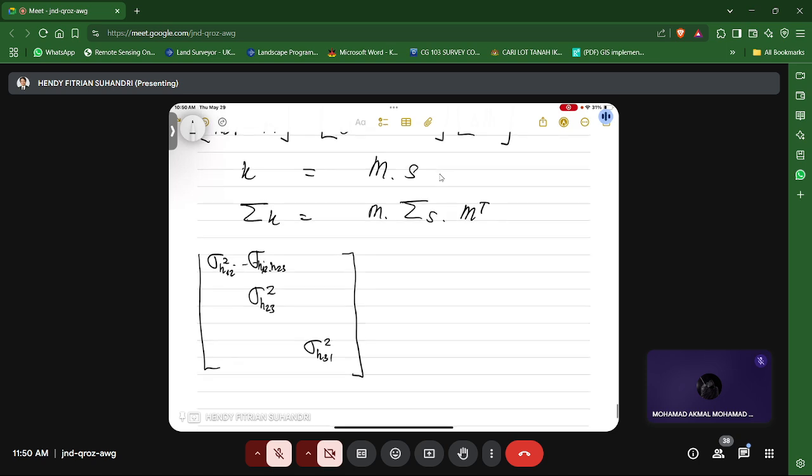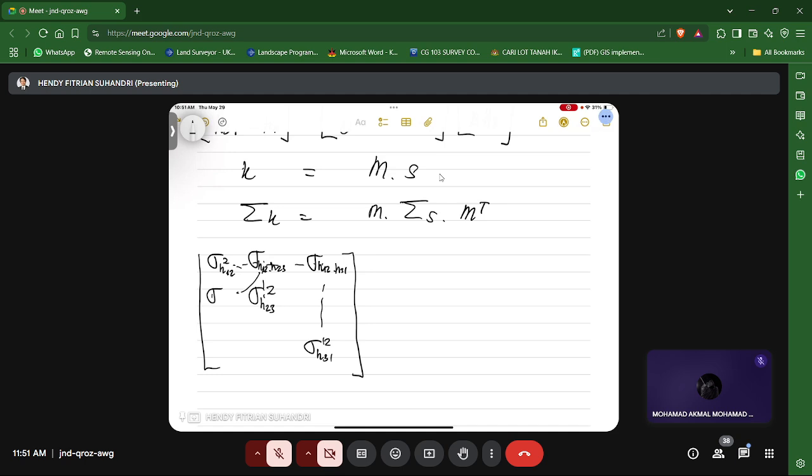Ini dengan ni. Kemudian untuk hubungan ni adalah beza tinggi 12 dan 31. Sigma H12 dan 31. Hal yang sama berlaku, inilah covariance. Covariance ni sama ni.